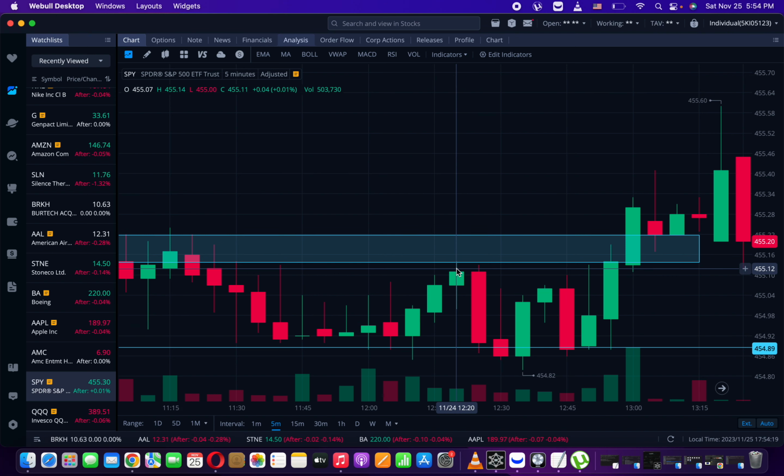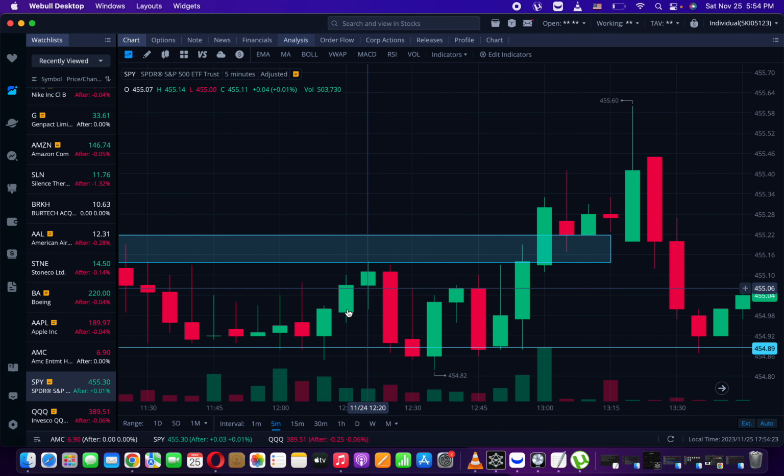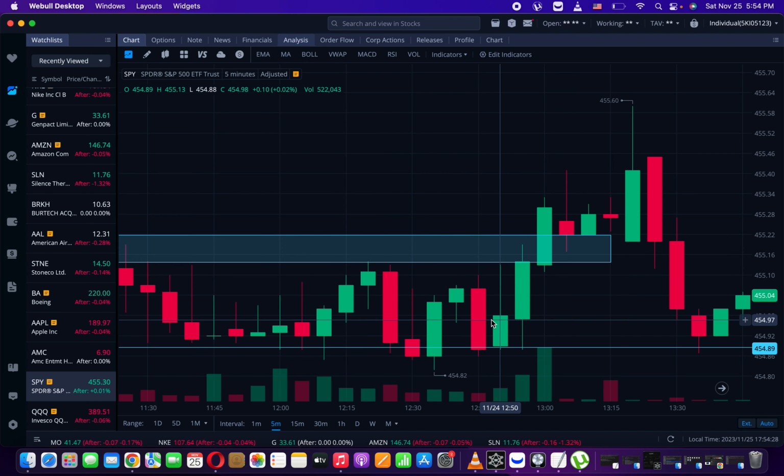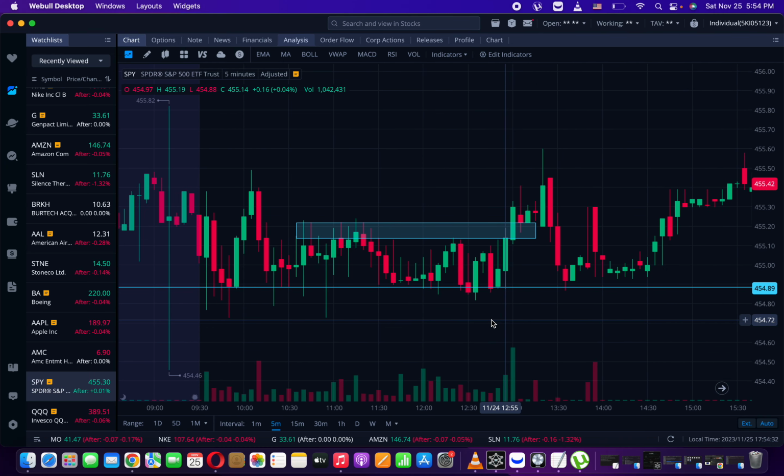So we move up and then we head right back down. Some hidden selling pressure in this range, and we kind of ping pong back and forth, right? This, as I said, isn't really a great trading day, because there's just too many wicks.